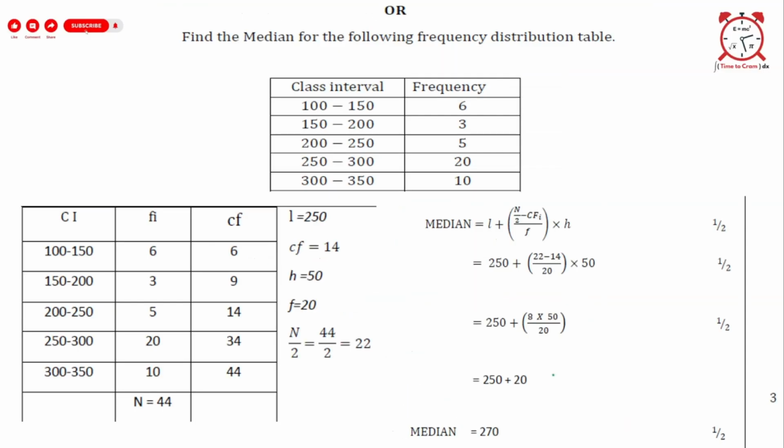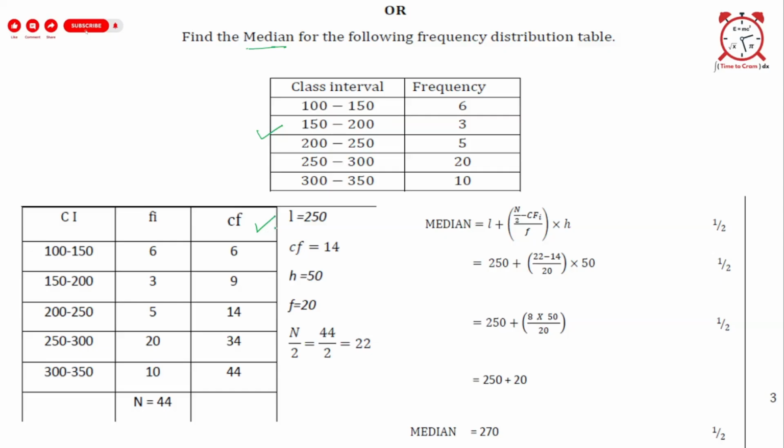Next question. As we know, in these questions we always get the internal option. So here in this sum we have to find the median for the following frequency distribution table. In a median sum we have to calculate the cumulative frequency.